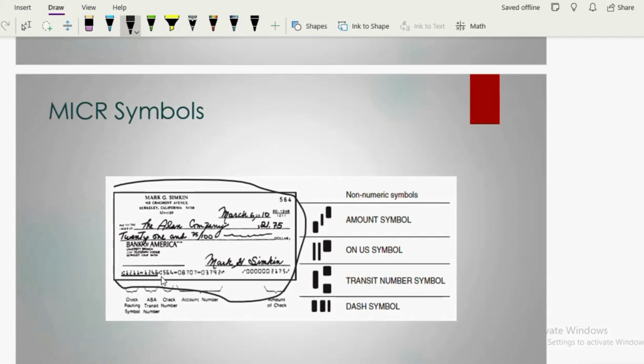It has some codes at the bottom. These codes are magnetic characters which are recognized by the machine. These characters are basically coding the check number, the bank number, the account number. So they have hidden information. Magnetic ink character recognition is done by machines to copy the information into the system.